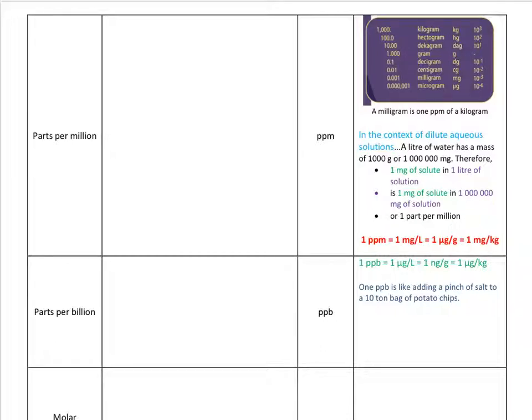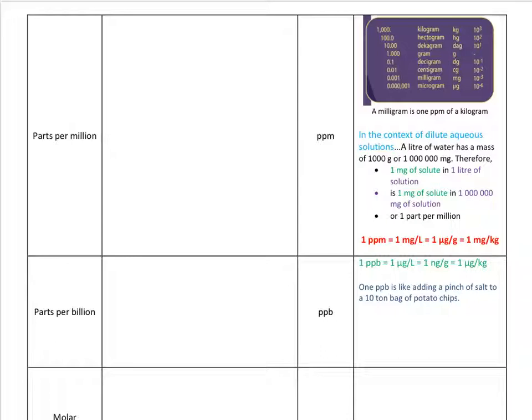And again, just like before, for the formula or the strategy part, there are formulas in your textbook that you can use, that you can substitute the information into. But what I'm going to use when I solve these problems, and you'll see in the next tutorial, is this concept, let's say for a part per million, that the 1 milligram per liter represents the fact that you have 1 milligram of solute per liter of solution, or you have 1 milligram of solute per kilogram of solution.